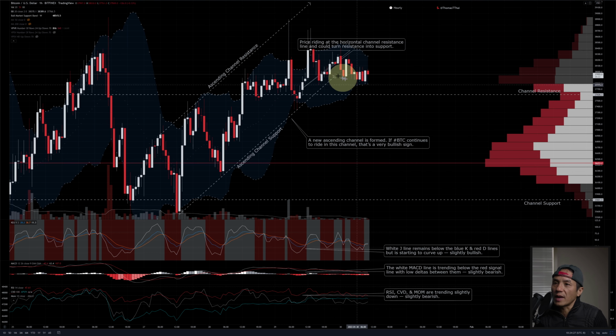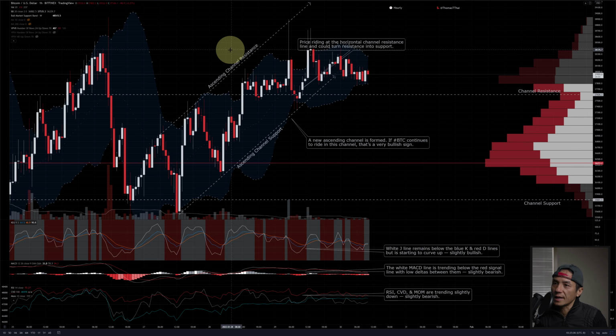On the Bollinger Band, the top of the Bollinger Band here and the bottom here, it touched the bottom of the Bollinger Band on the hourly and then went up slightly. The current red candle is slightly more towards the center of the Bollinger Band on the hourly. The previous horizontal channel has its resistance line here, and this is the bottom channel support. It hasn't come back into this previous channel, and it's riding on top.